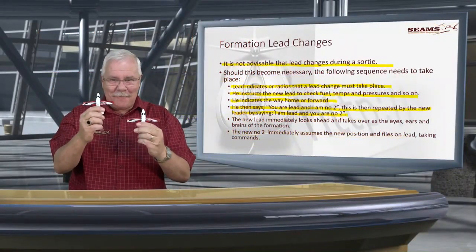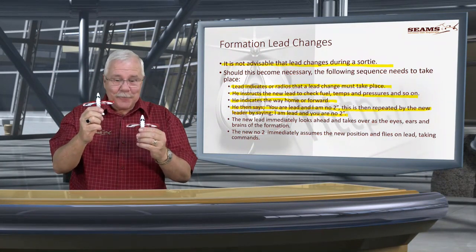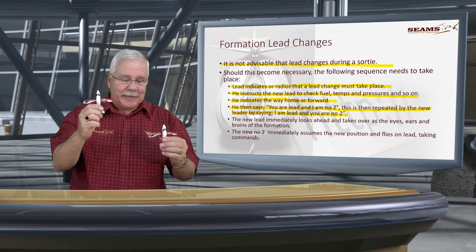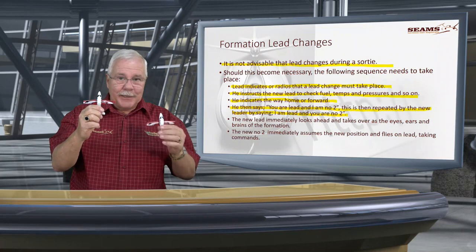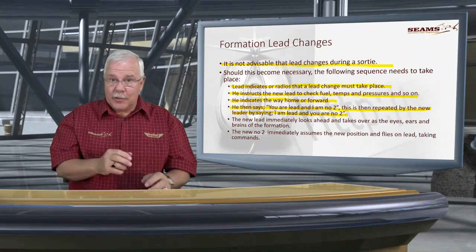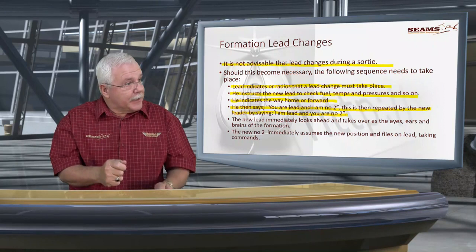So here we go. They're flying in formation. This one is the lead. He says, all right, we're going to hand over lead, check your fuel. He bleeds off a little bit. He's got sight, he's ready. Then lead says, okay, you are number 1, I'm number 2. This guy repeats, I'm number 1, you number 2. And this guy who's now the new leader, remember, if he was sitting in the number 2 position, he would be sitting like this.